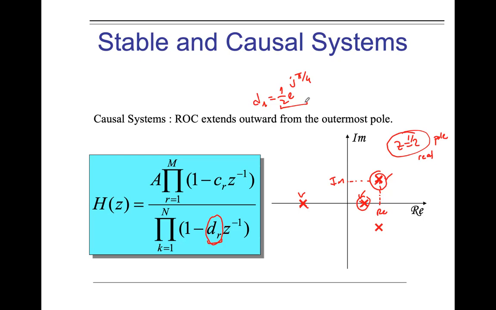Yes, hocam. How do you represent it on the z plane? Your magnitude will be 1 over 2 and your angle will be pi over 4, which is 45 degrees. Poles mean the denominator should be equal to 0.